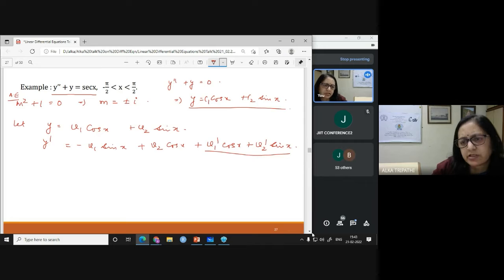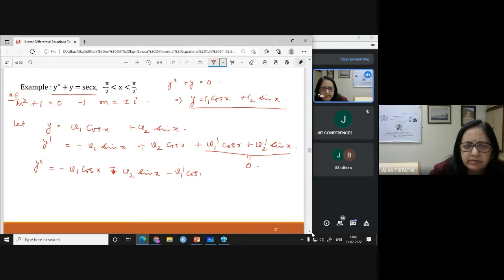Next, we will consider this part. First derivative of v is to be 0. So then y double dash will be minus v1 cos x plus minus v2 sin x, and then minus v1 dash cos x plus v2 dash, v1 dash sin x plus v2 dash cos x.